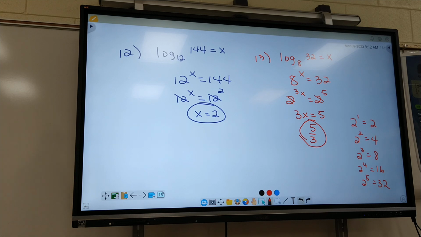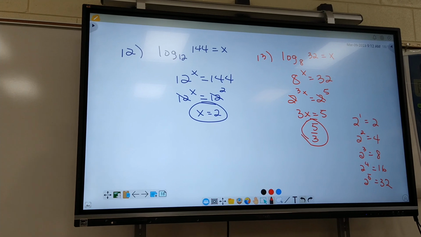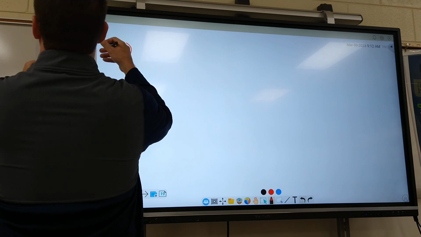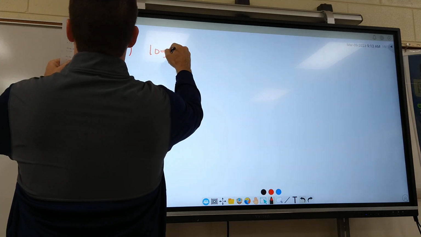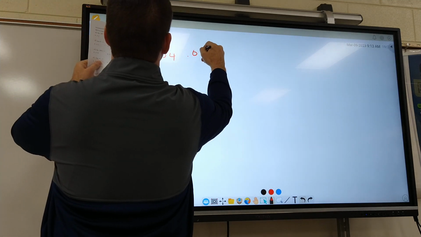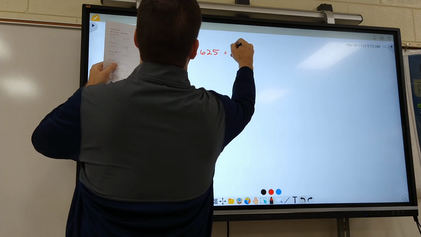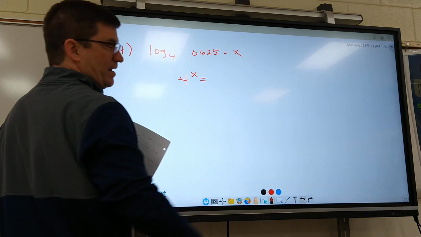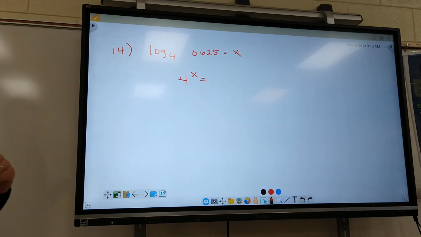All right, everybody try 14. First step on 14, turn that decimal into a fraction on your calculator. Log base 4 of 0.0625. All right, so this is going to be 4 to the x equals, what did y'all find out that is as a fraction? 1 over 16.